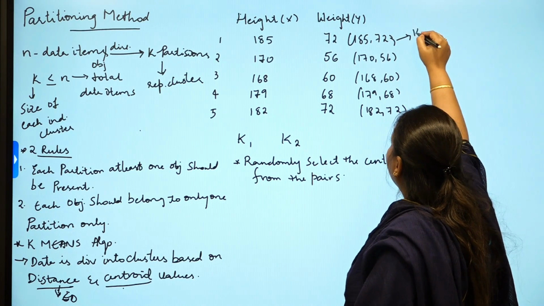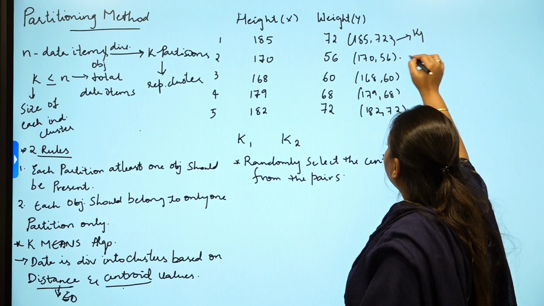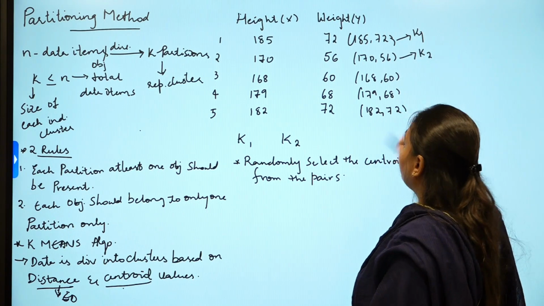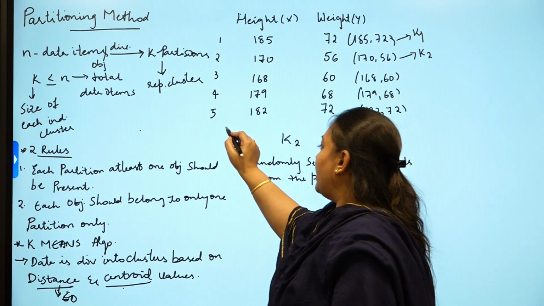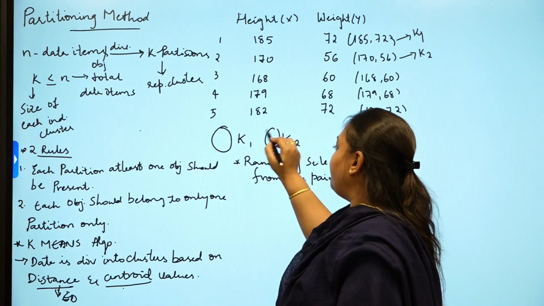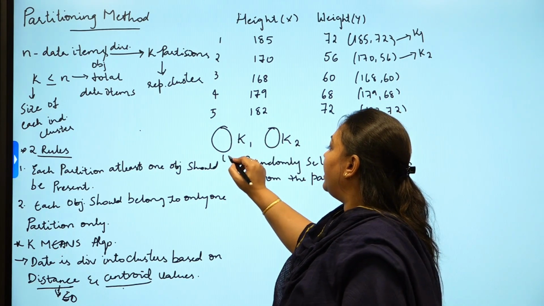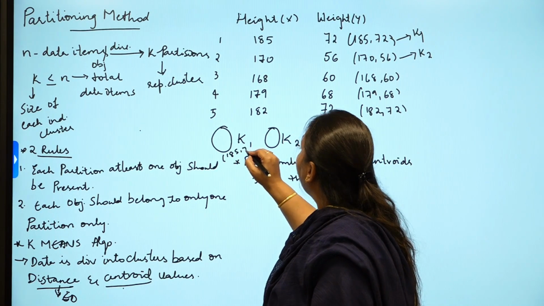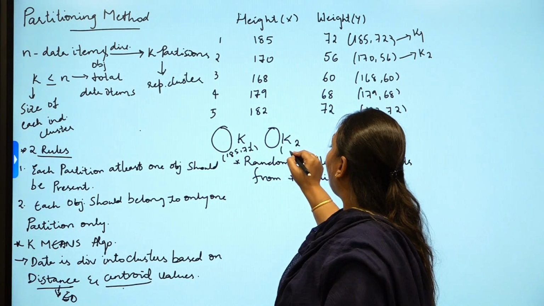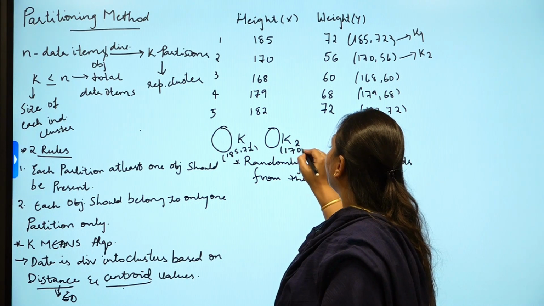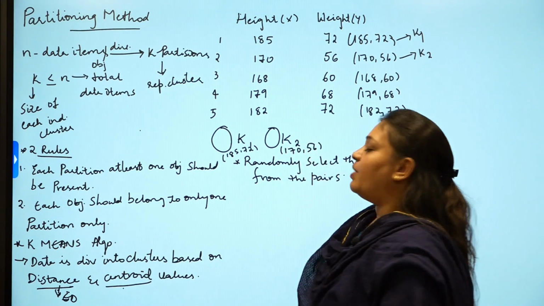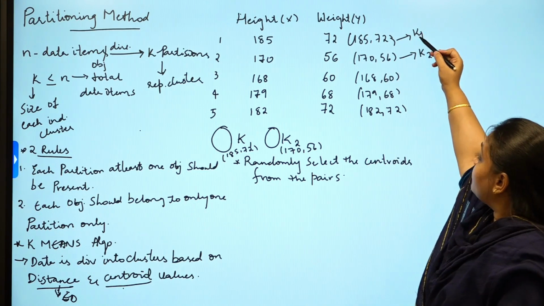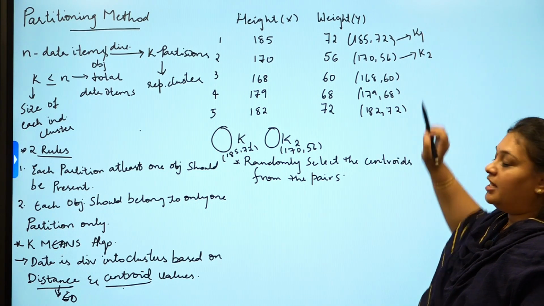This I will take for the K1 centroid. This I will consider for the K2 centroid. Done. For K1 what did I take? I have taken 185, 72 as the centroid. For K2 I have taken 170, 56 as the centroid. This is one centroid for each cluster.